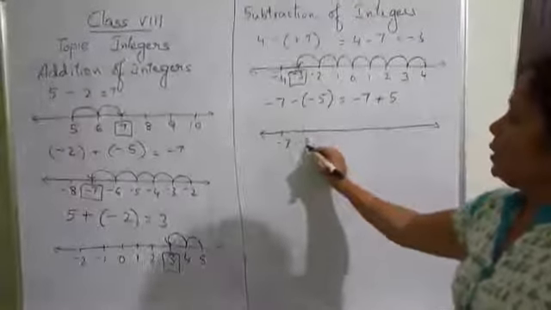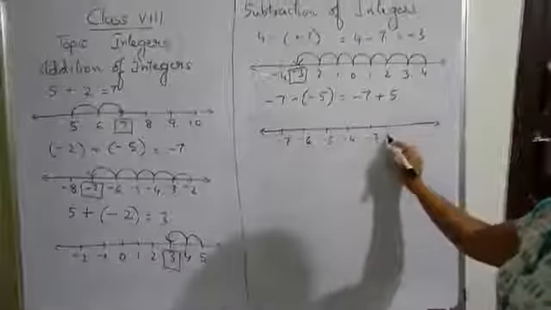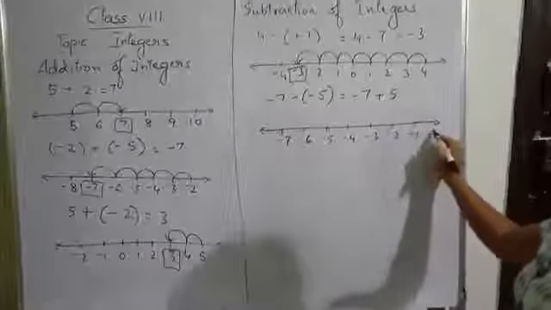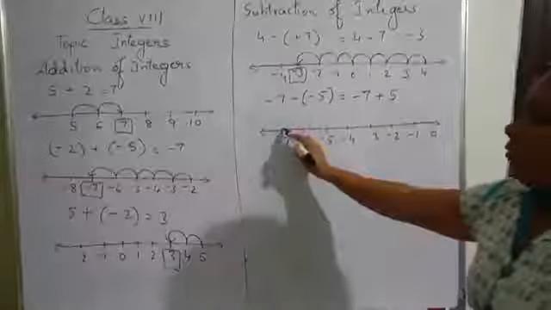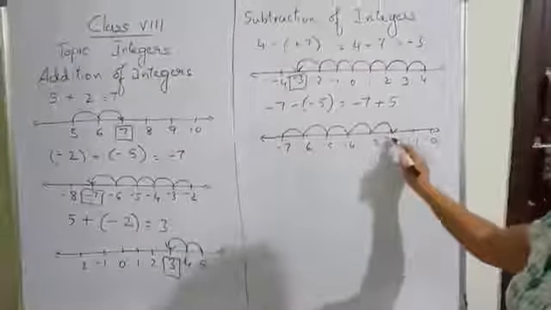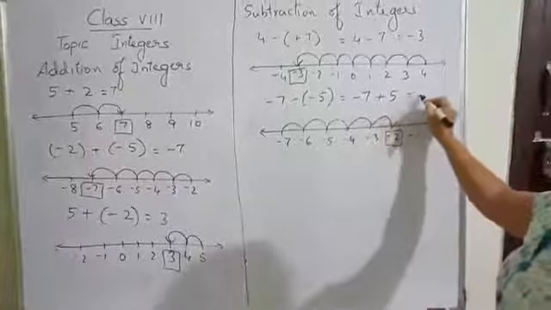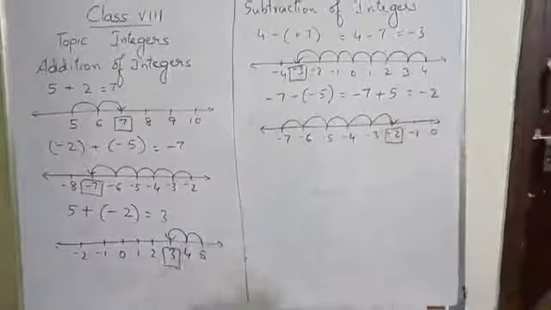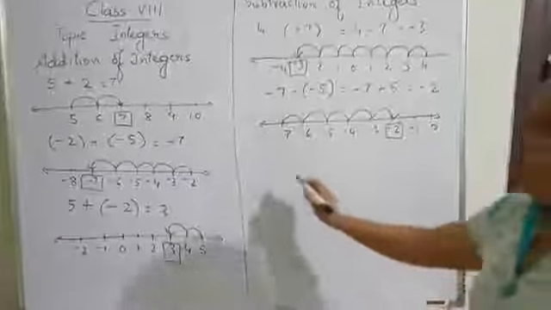Minus 7, minus 6, minus 5, minus 4, minus 3, minus 2, minus 1, 0. Start from minus 7 and move towards right side 5 steps. 1, 2, 3, 4, 5. So what is the answer, children? Minus 2. Minus 7 plus 5 gives you minus 2. That is the answer.